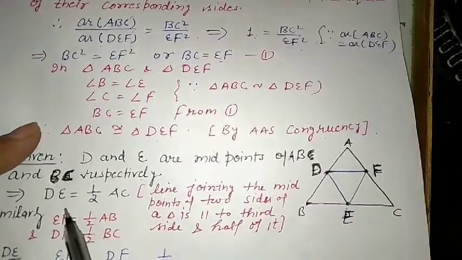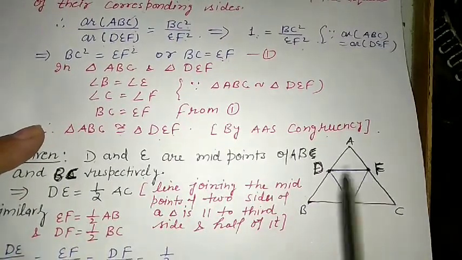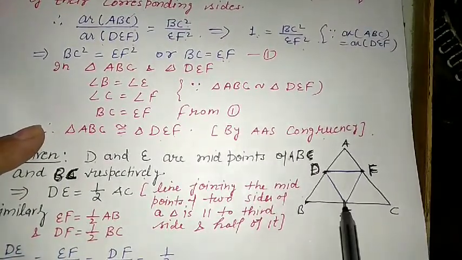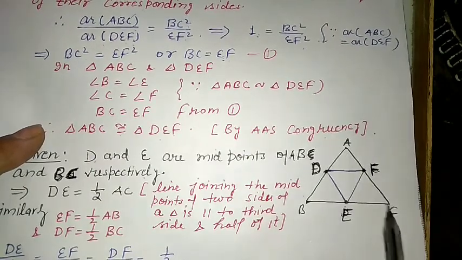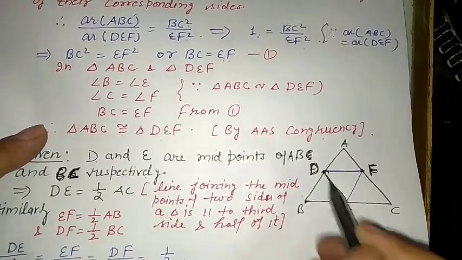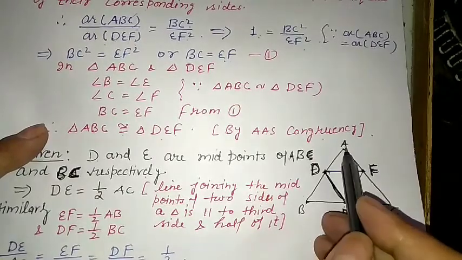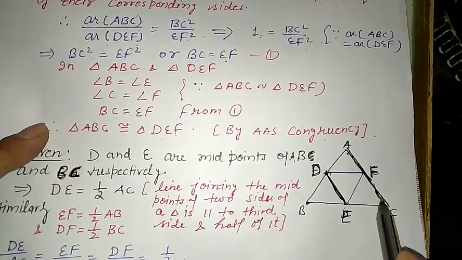So if these are the midpoints, we can write that DE is half of AC. You know the midpoint theorem.